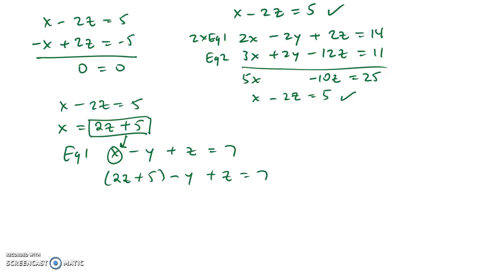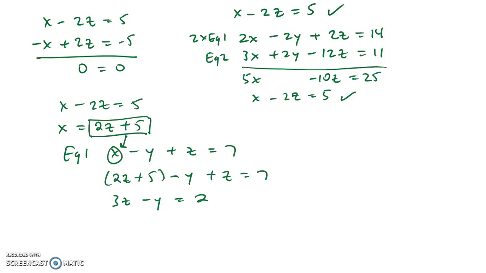What I'm going to do is solve this equation for y. So if I simplify this a little bit, I have 2z plus z, that's 3z, minus y. If I subtract 5 from both sides, I would get positive 2.